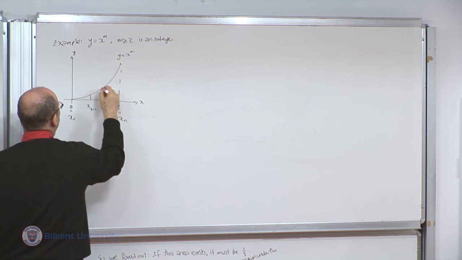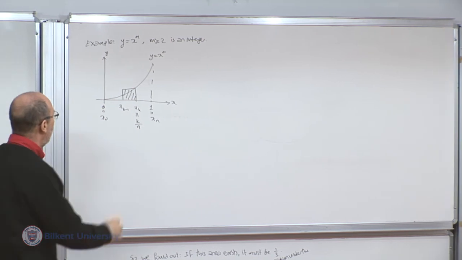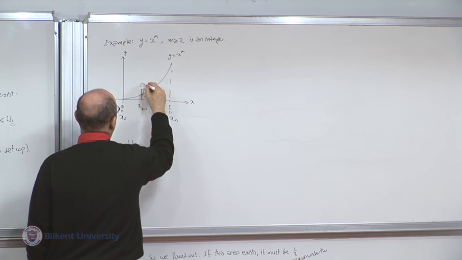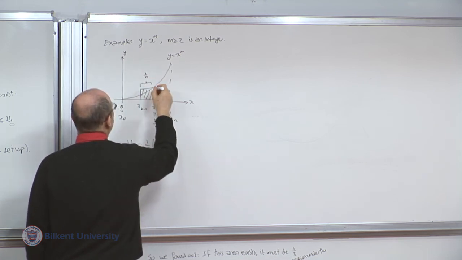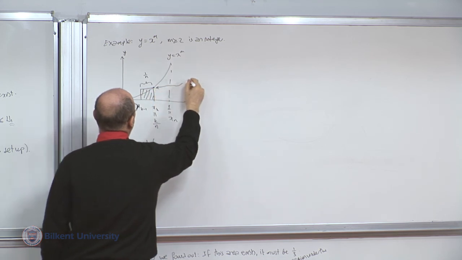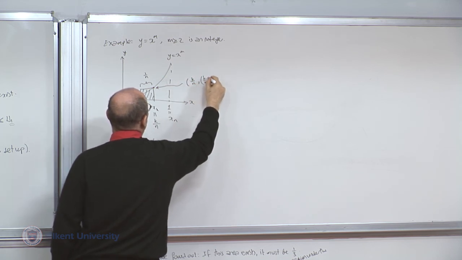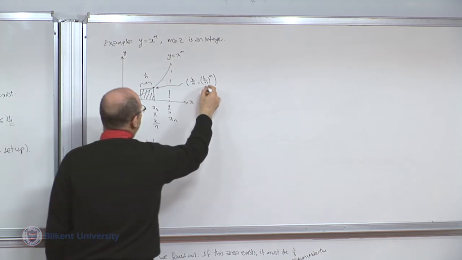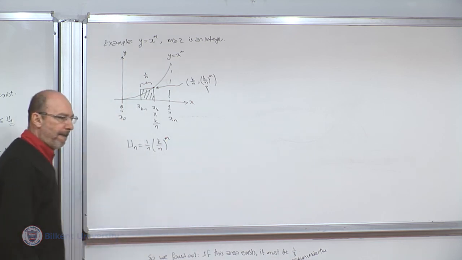So we look at this rectangle and add up these things. The upper Riemann sum is, as usual, the width 1 over n times the height. The coordinates of this point are k over n and k over n to the power m, so the height is k over n to the power m.